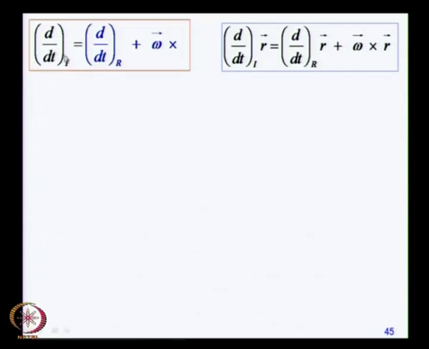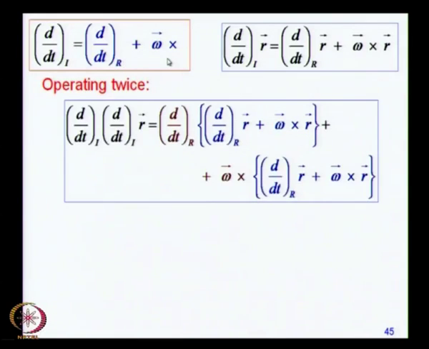The d by dt in the inertial frame will be given by d by dt in the rotating frame plus this cross product operation. So, suppose we carry out this operation twice, then d by dt of the position vector r, and you operate on this one more time by the same operator d by dt, which means that you have to carry out this process twice.